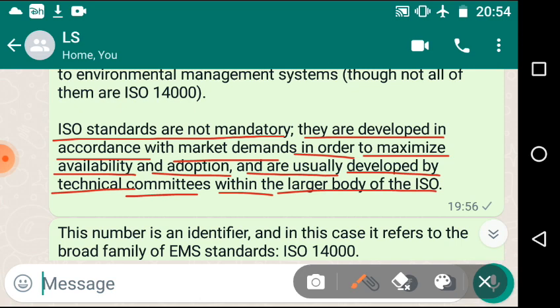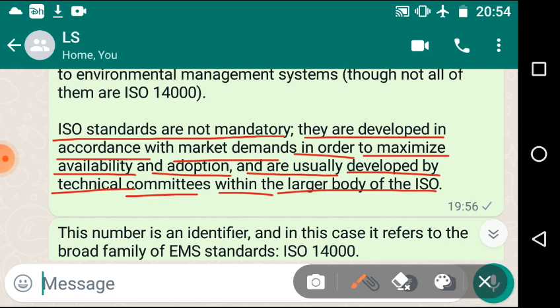So ISO standards are not mandatory. They are developed in accordance with market demands in order to maximize availability and adoption, and are usually developed by technical committees within the large body of the ISO. So it is not strict that you have to follow ISO.